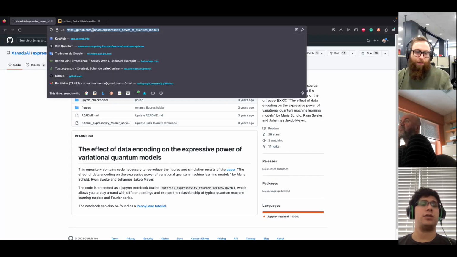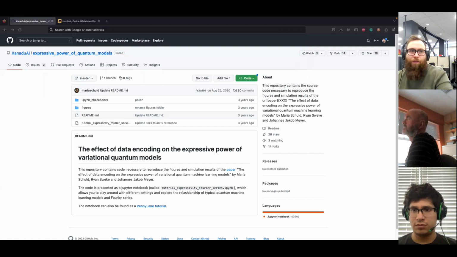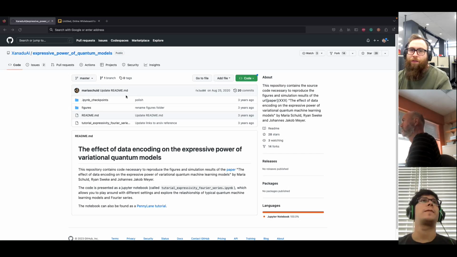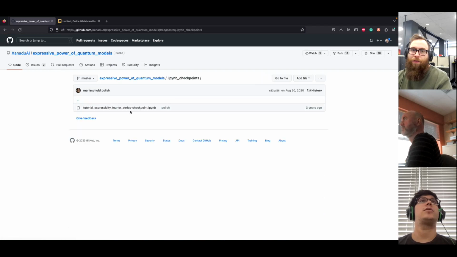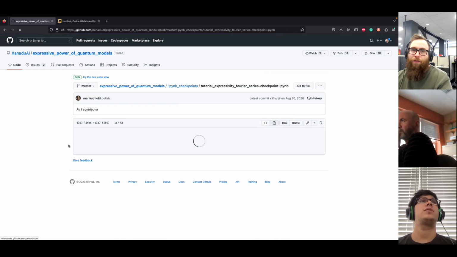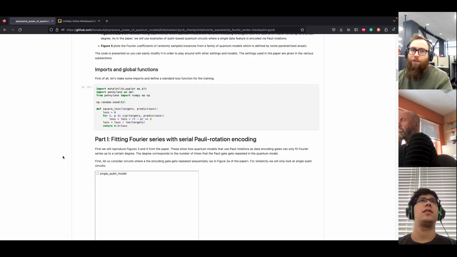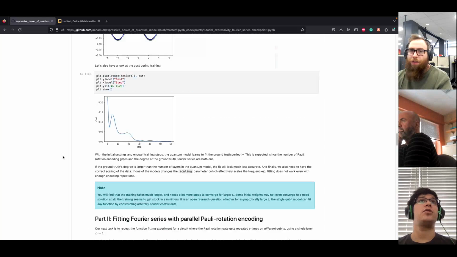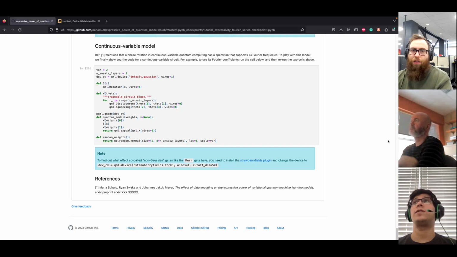Tanya's already sharing it. Let's see. Okay, they used Jupyter notebooks. That's good. If you want, we can look at this notebook next time.